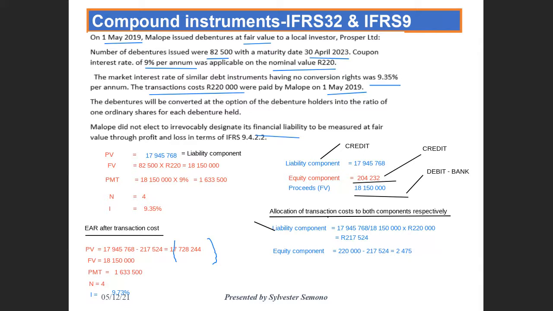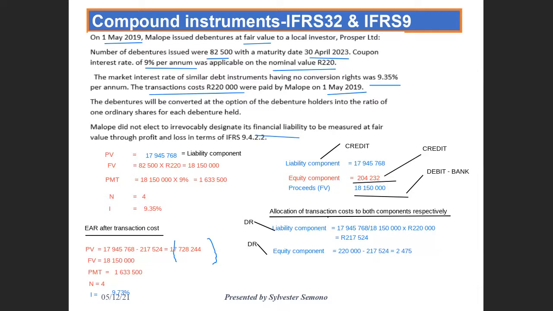I'm just going to write DR. Again, this will decrease the equity component, this 2475. This one is going to be debited. And then the total of 220. If you add the two, they will give you a total of 220.